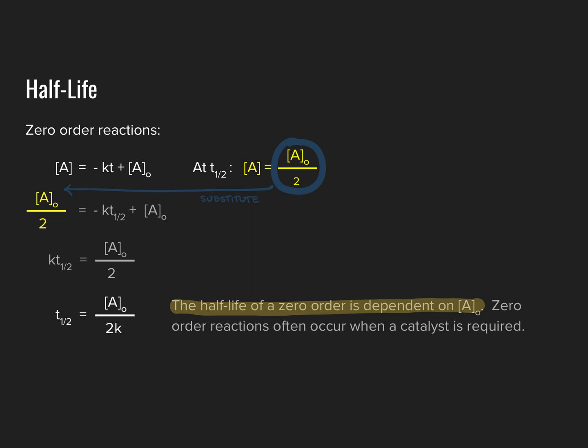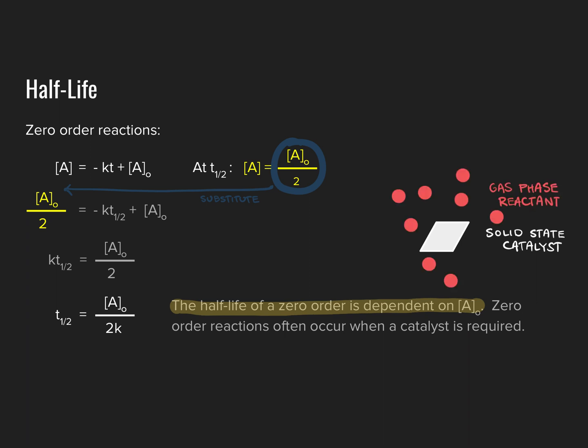Oftentimes, these zero-order reactions occur when we have a solid-state catalyst required for the process to occur. And we can think for a moment about a particle-scale reason why this might be the case. Imagine that I've got some sort of solid-state catalyst, and then I've got a gas phase reactant present here that is reacting over time.